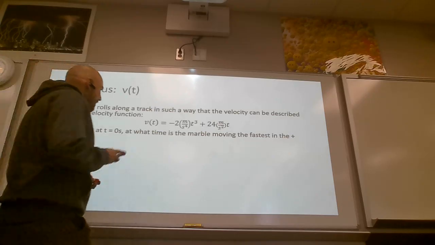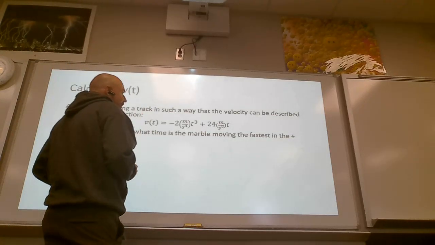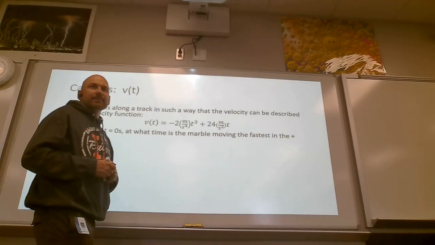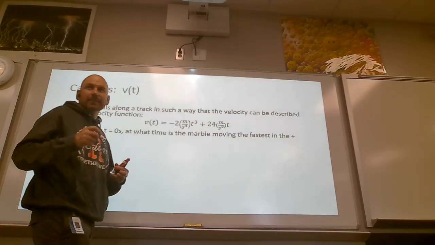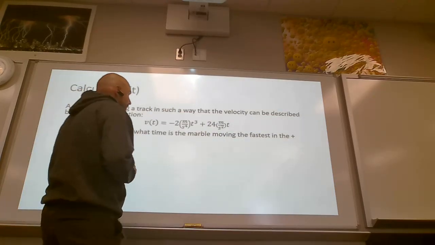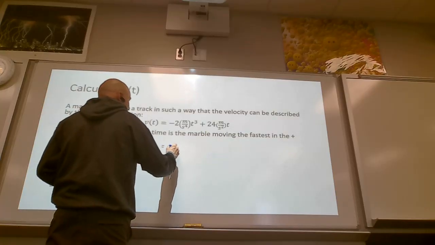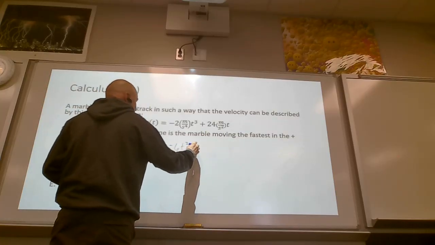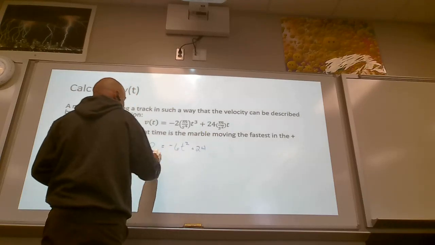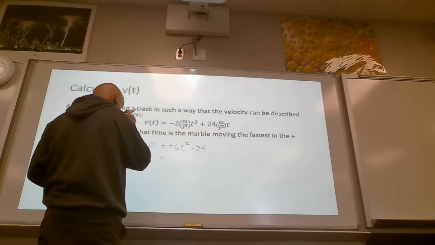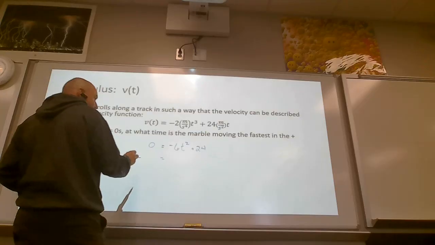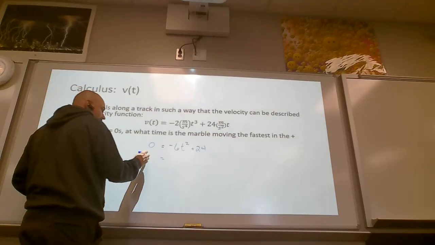Alright, so you're going to do the first derivative test? Okay, so you got negative 6t squared plus 24 equals 0. 24 divided by 6 is 4.